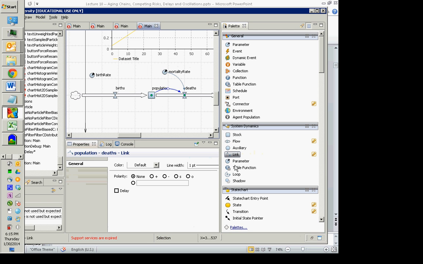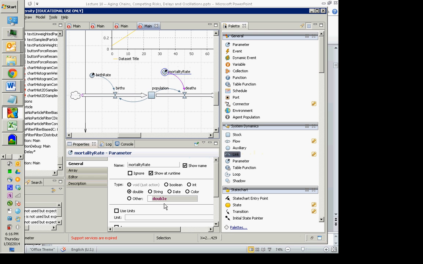How about births? It depends on birth rate, and when I say rate there, I mean a chance per year that a given person in the population will give birth. It also depends on population. If there's no one to give birth, there are no births. So what do I have to specify to complete this? Mortality rate and birth rate. I'll make the mortality rate 1%.